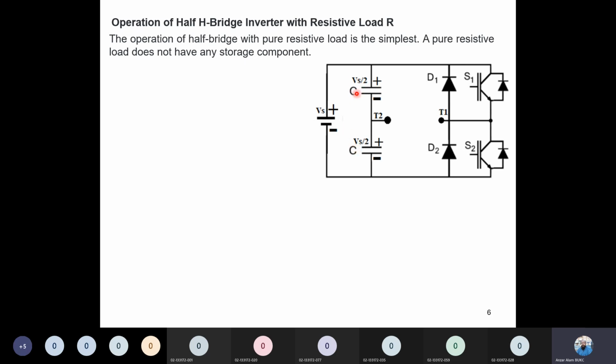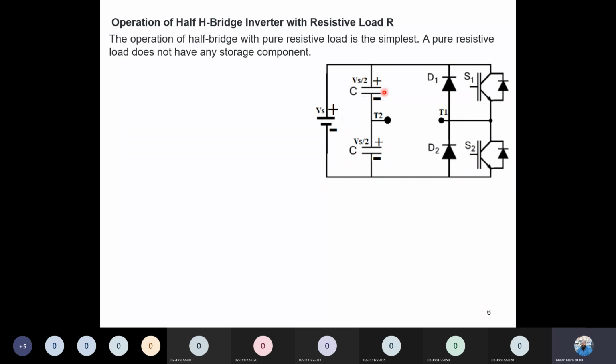We will connect the same type of capacitor in series, and these 2 capacitors will be in parallel with the supply. So this will act as one load, and this will act as a second load. If this is plus 200 volt, then 100 volt will appear across here, and 100 volt across here with the same polarity. So if this is plus Vs supply, half of the Vs will be here.